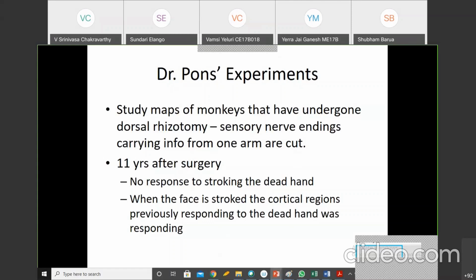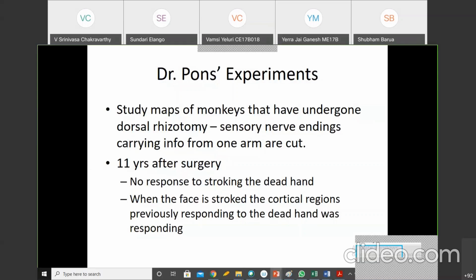Now, one interesting experiment that gave a clue to the possible origins of the phantom limb phenomenon is a study by somebody called Dr. Pons at NIH. By the way, the pons is a part of the brain, but it's also the name of this doctor, which is just coincidental.